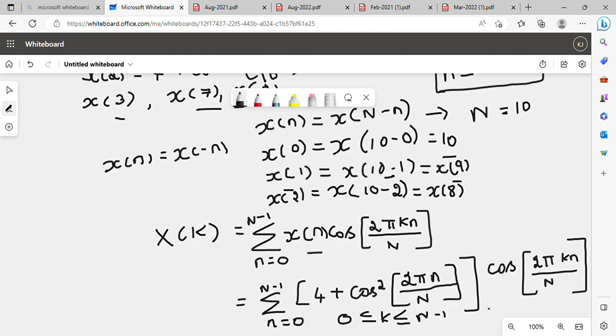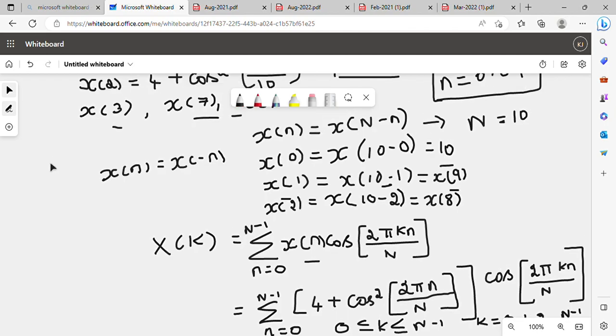Or you can say it as for k is equal to 0, 1, 2 to N minus 1, right? This is the resultant. So this is the solution for that problem.